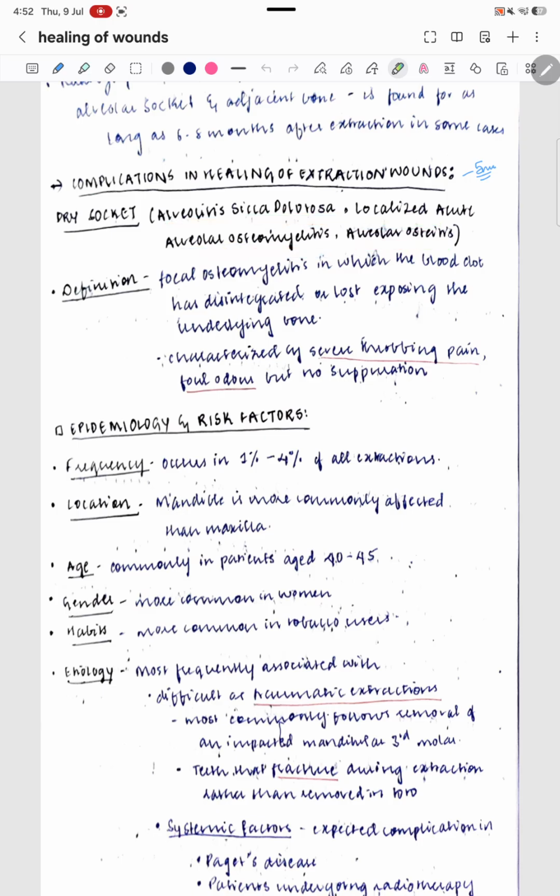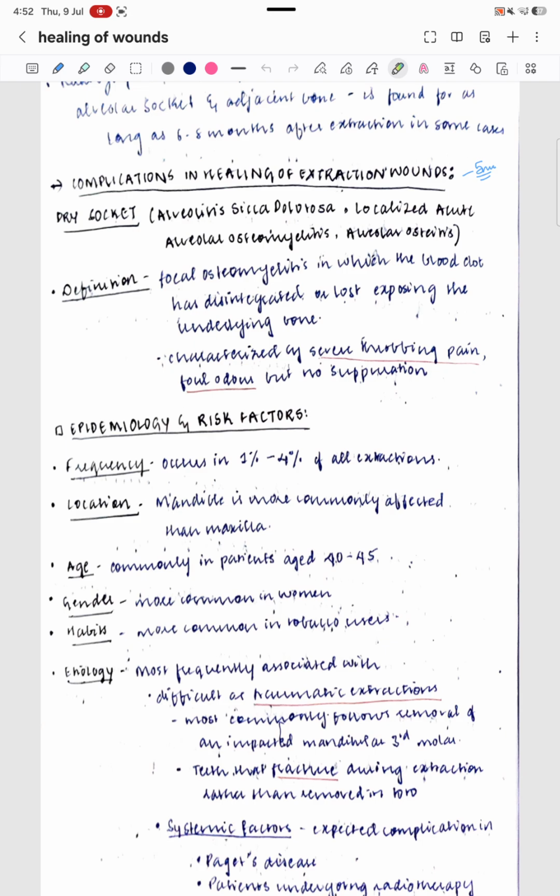So remember, acute alveolar osteomyelitis and alveolar osteitis. Itis stands for inflammation. So any inflammation or infection in the bone is your dry socket, and alveolitis also has itis. So that is how you identify.